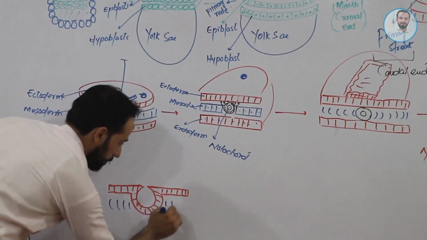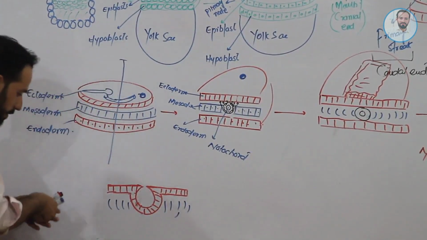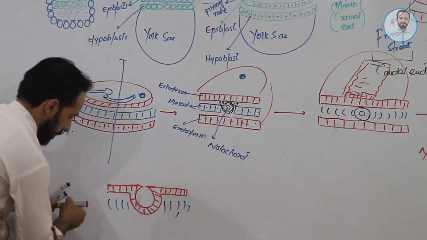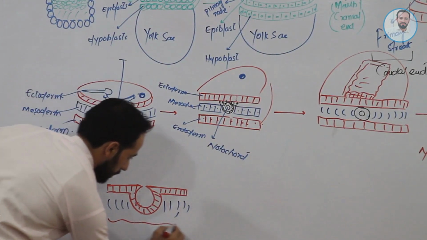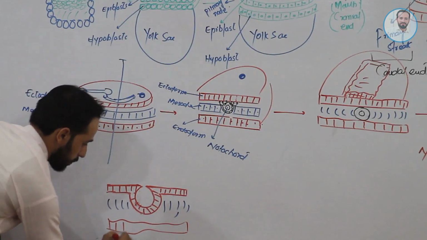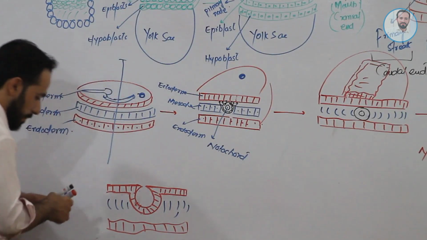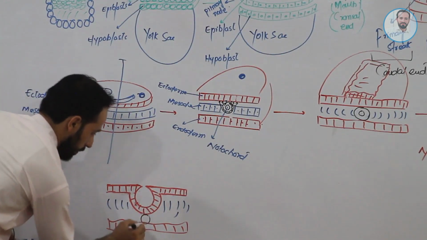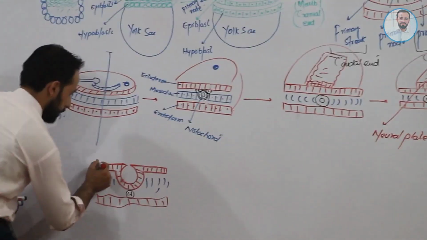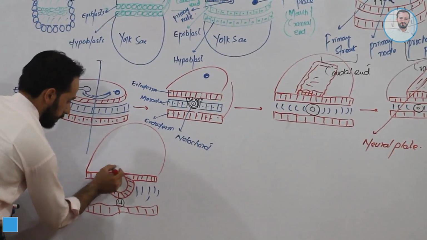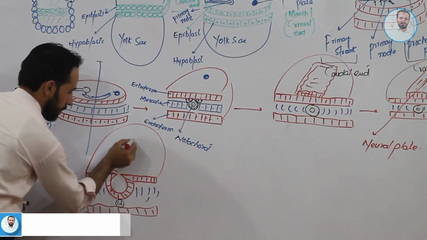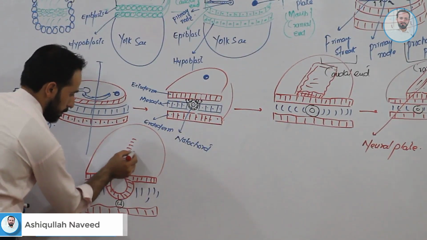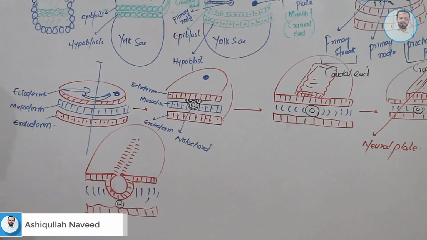These are our mesodermal cells, and here is our endoderm, and this is our notochord. Clear? Like this. Clear?